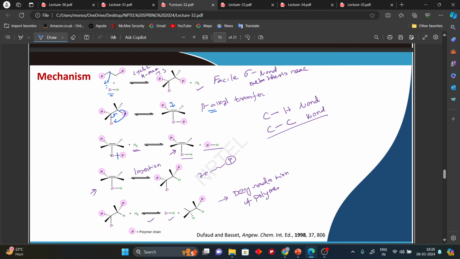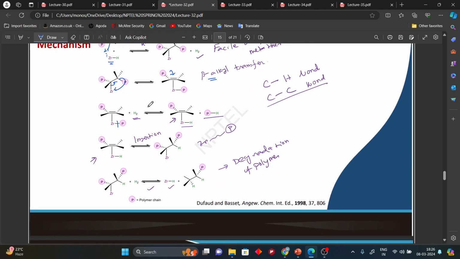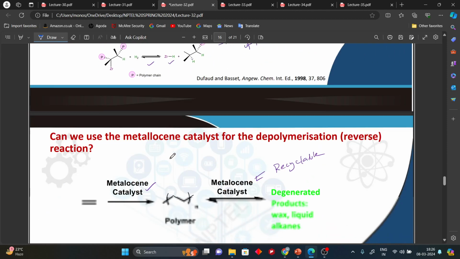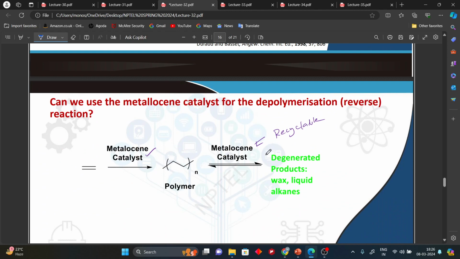This particular carbon zirconium bond is broken off and a zirconium hydrogen bond is formed. Then insertion happens from here, and again followed by this thing with this thing. And that's how degradation of polymer happens with zirconium based catalyst.